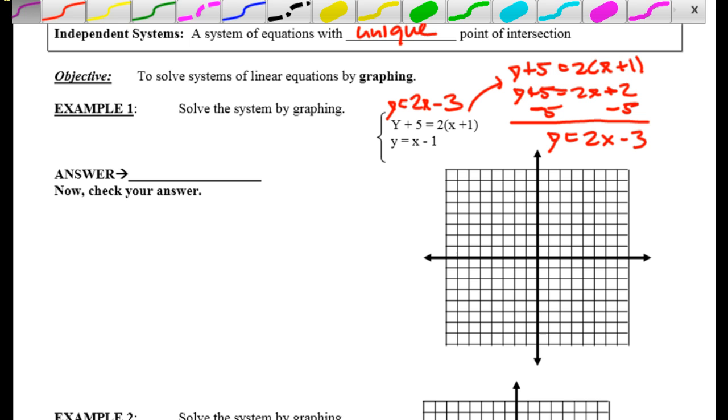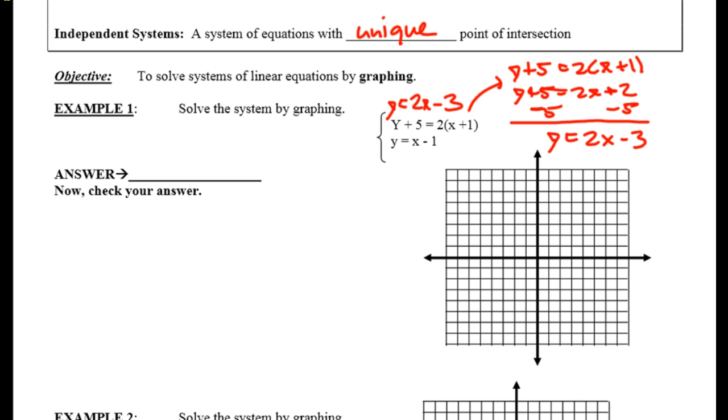Okay? Alright, so now, just like we did with the inequalities, we're going to graph both lines. Okay, the only difference is, because it's an equation, the line itself is the answer. We're not going to do the shading. Okay? So the one we just did, the intercept is -3, the y-intercept. So go down to -3 on the y-axis. Put your intercept. Now our slope is 2.